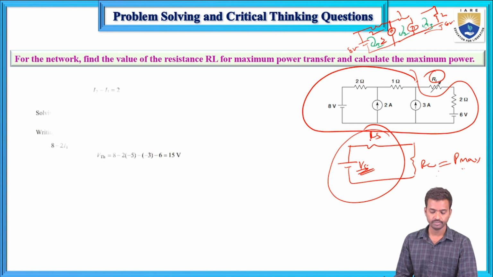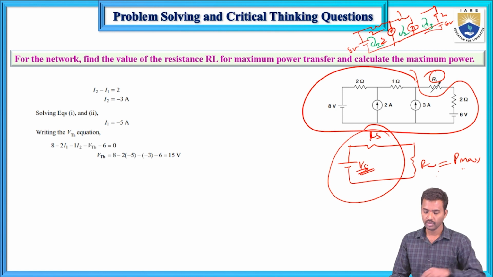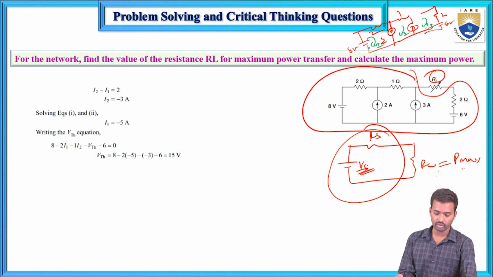Now here, I2 minus I1 equals 2, and I1 equals minus 5.